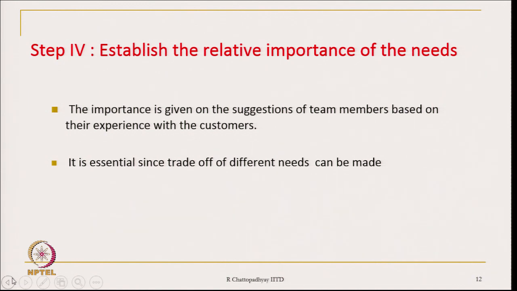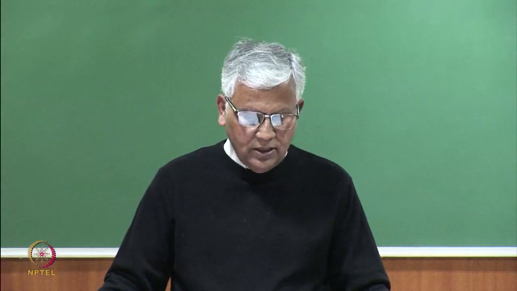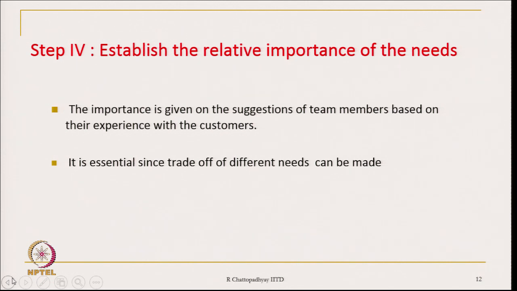So, when there are so many needs, some you can give importance 10, some importance 8 or 6 or 5 or 4, 3, 2, whatever; we attach some numerical values just to quantify the importance of the need. And then sometimes we may not be able to fulfill all these needs to the extent that the customer wants. We may go for a trade-off of different needs, keeping in mind the cost, because we also have to see the purchasing power of the customers.